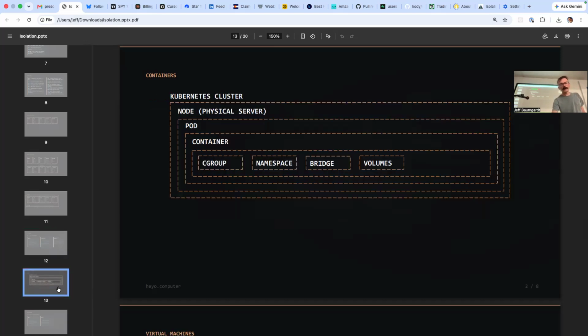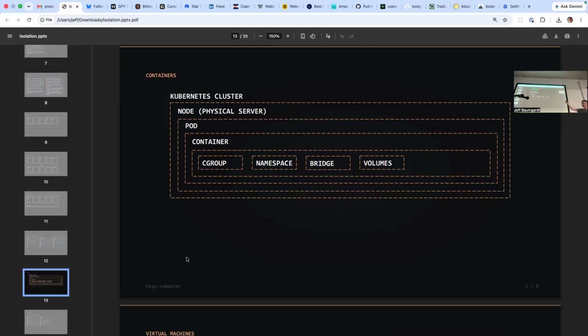Right. And then containers also have their own complexity. So because it's made out of a group of primitives, there has to be a layer to manage that. So what we're looking at here is kind of an illustration of the Kubernetes control plane. So if you guys have used Kube before, it's a control plane that sits on top of a collection of hardware.